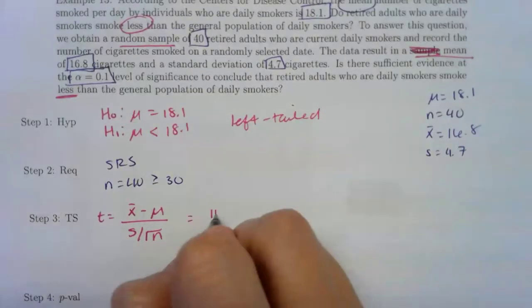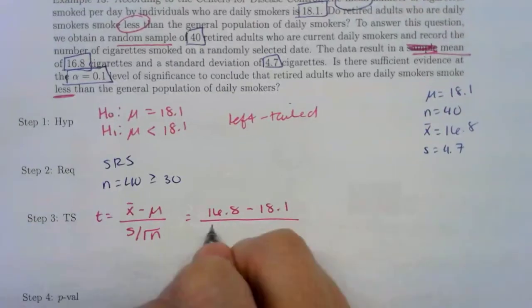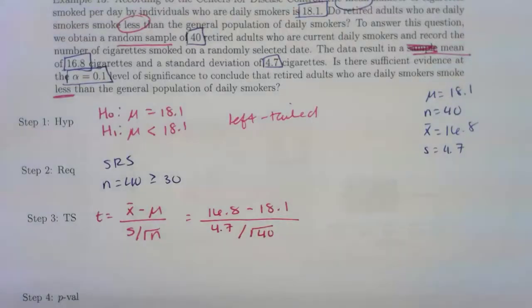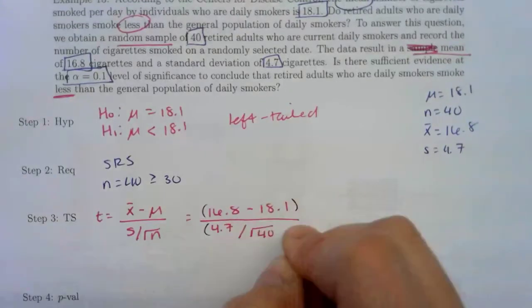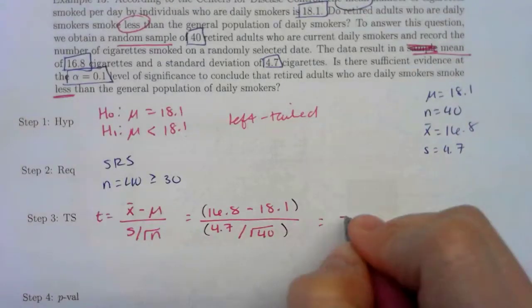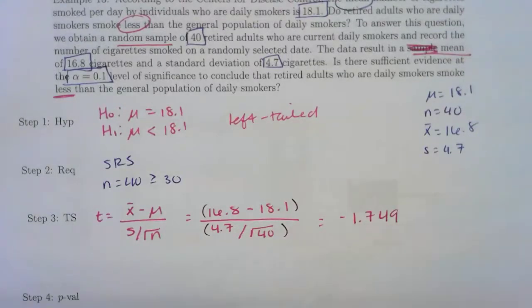X bar is 16.8, mu is 18.1, and we're going to divide by 4.7 over the square root of 40. Use your parentheses if you need to. And you should end up with a test statistic of negative 1.749.